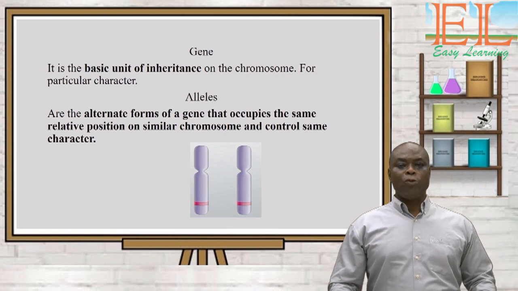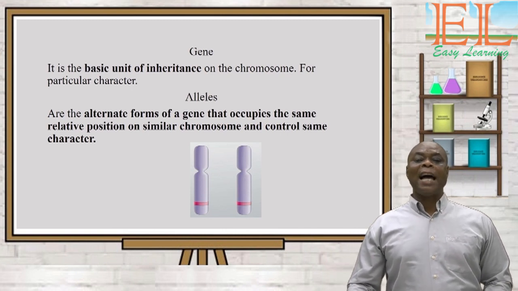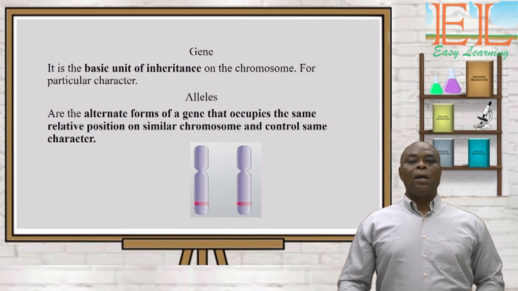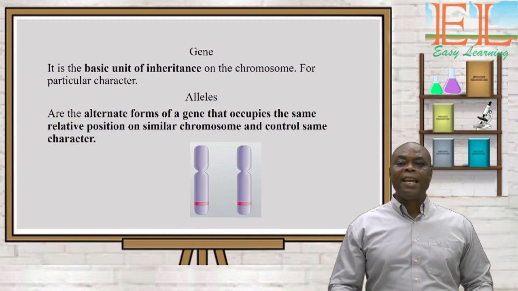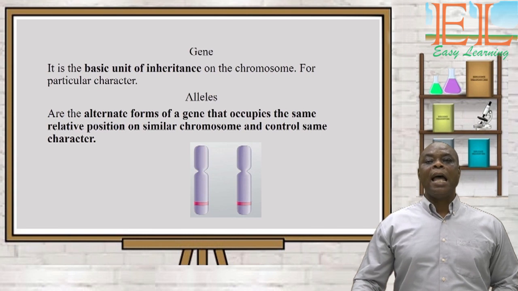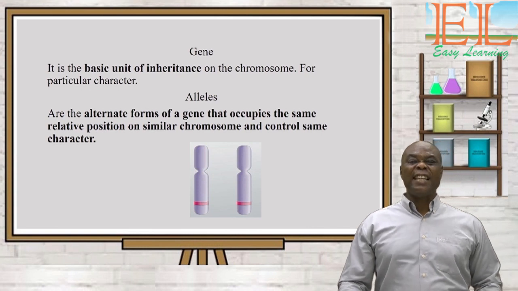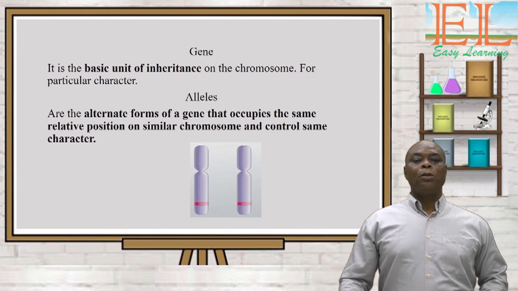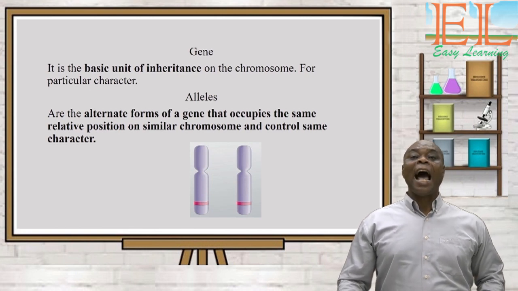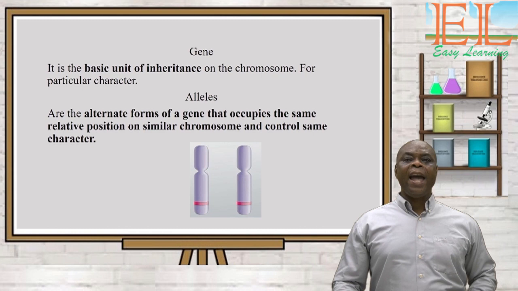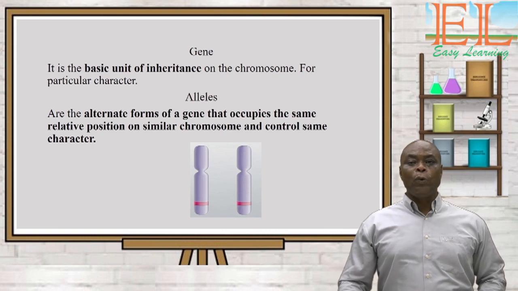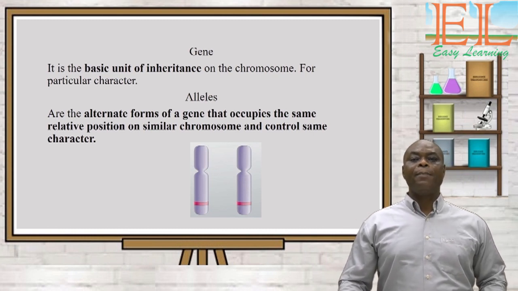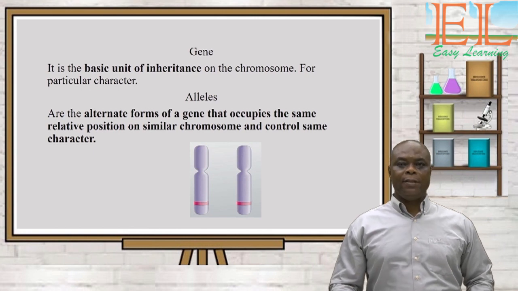When considering the two, they are known as alleles because the two are occupying the same relative positions and they control the same character, which in the case of tallness and shortness, is height. So the pair will be called alleles for height, but one of them is a gene for height.